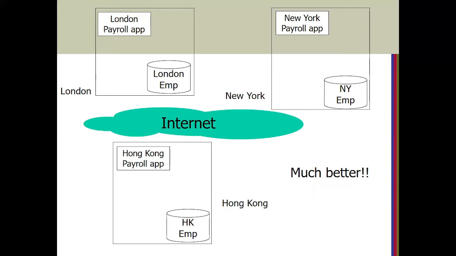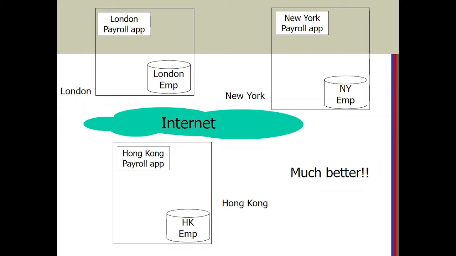We had the main database in London, but now, since of the slowness, we want to remove these bottlenecks that the centralized application brings on board. So you can see the payroll app is now closer to the Hong Kong users. It also is closer to the New York users, right?